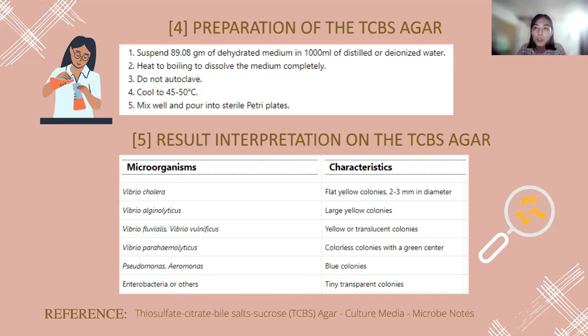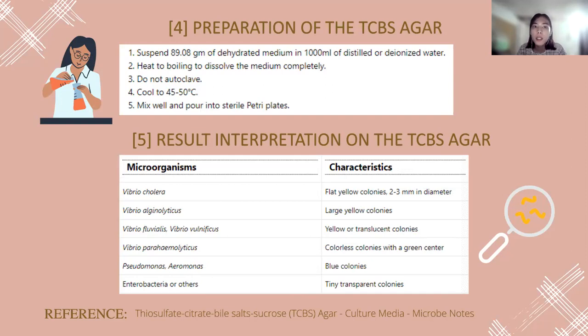And take note that we have to perform aseptic technique prior to and at the end of our experiment to avoid contamination. We also need to wear lab gowns and face masks in order to protect our medium.